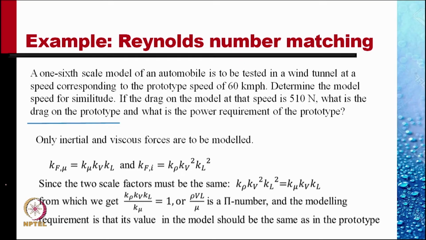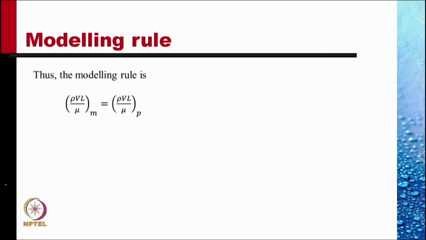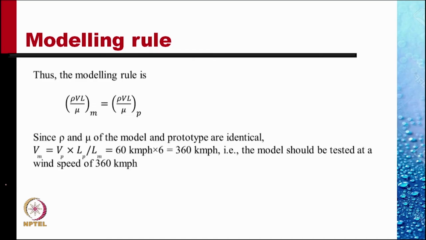The modeling requirement is that the value of this pi number for the model should be the same as for the prototype. Thus, we equate the value of this pi number for the model and the prototype to obtain the velocity for the model.